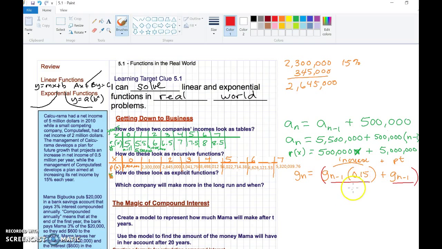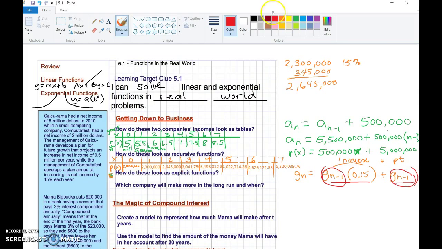That's one term. And the second term, which is the previous term, g sub n minus 1. Could we not divide them both by whatever that previous term was? Could we factor out g sub n minus 1 here and g sub n minus 1 here and do a backwards distributive property?